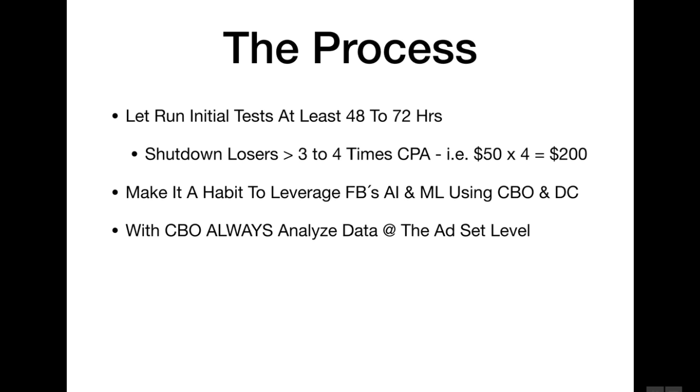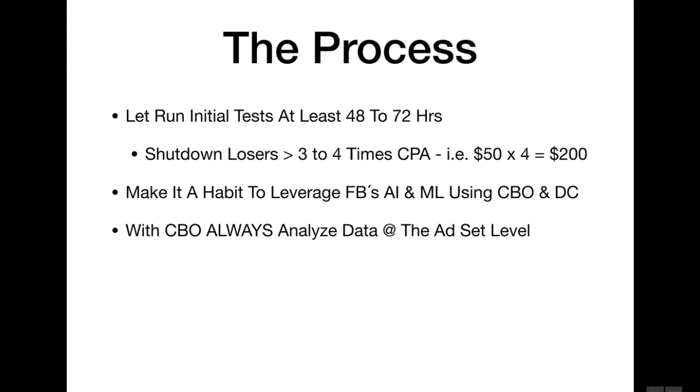But if you go to the ad set level, then you would see that probably you have 5 ad sets. 2 of them are under KPI, under CPA, like probably they're doing $50 or $47, but the other 3 are at 114 or 120. Well, you would just shut down those 3 ad sets that are way underperformers, and let Facebook allocate the budget to the 2 that are giving you the CPA you're aiming for, which is $50 or less.